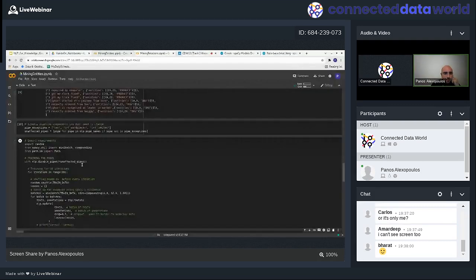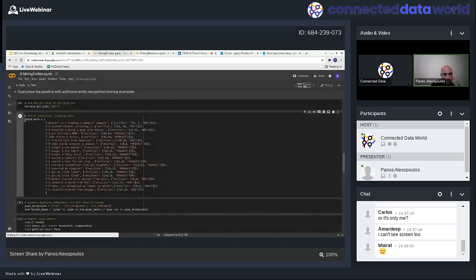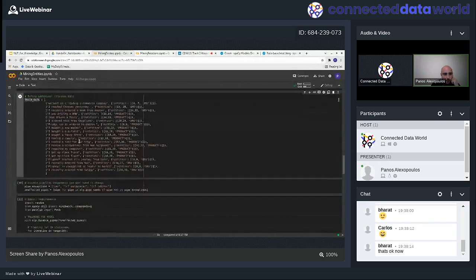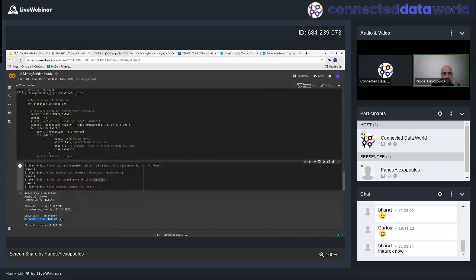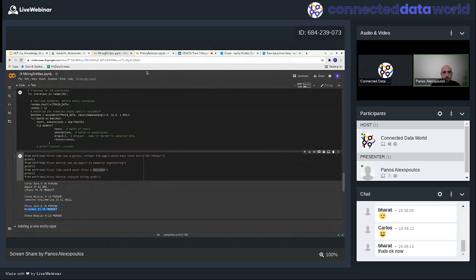Yeah, so I was saying that these are the trained data. Then what we do is we update the model, and now it is able to identify the Mercedes as a product. So this approach makes sense mostly if you see that in your own data, the existing model does not work for particular entities as well as you would expect.